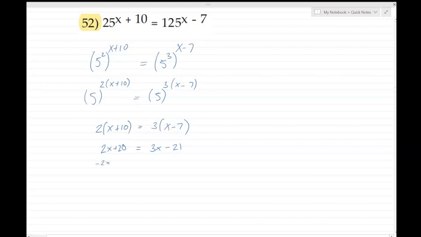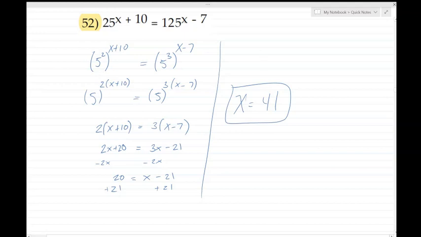So take away 2x on both sides. And then add the 21. And then we have our x being equal to 41. So if you ever have questions, feel free to plug the number in there, and the left side should equal the right side, okay? And, also on here, because that's the x value that works for that equation.